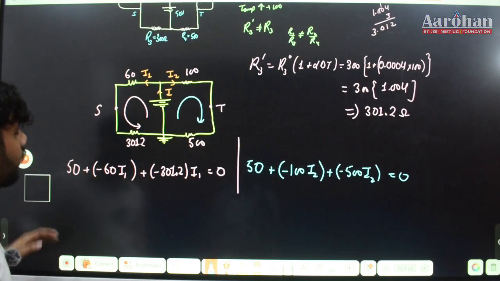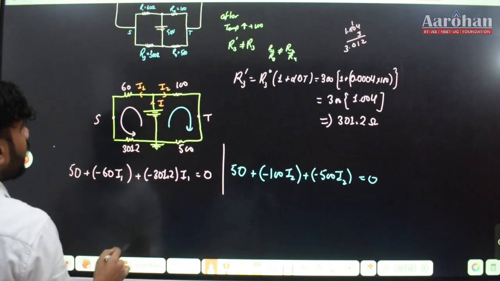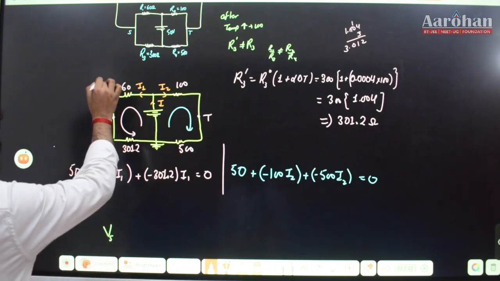Now you just need to calculate the potential difference between S and T. So you can start from S. V at S, then you go along this path.